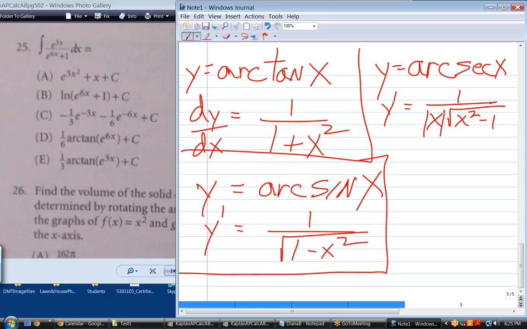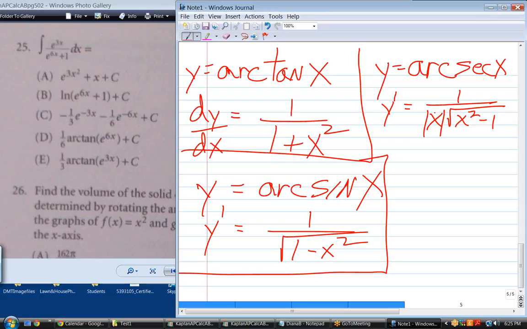Notice their similarities. Notice the easiest one is arctan. There's no radical sign involved. The next easiest one is arcsine. It's just 1 over the radical of 1 minus x squared. And notice arcsecant is the radical of x squared minus 1.